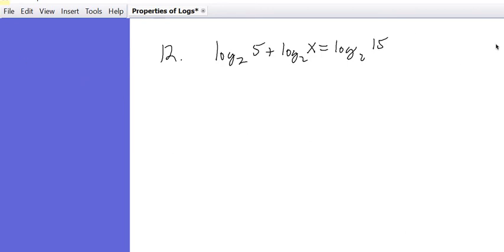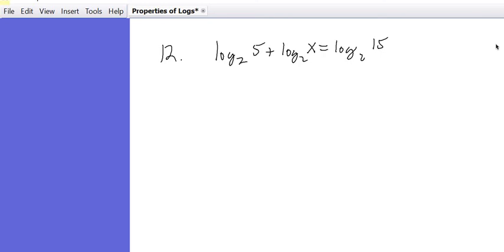Alright, so in number 12 here, we are actually solving an equation using one of the properties that we've learned today. The property that we're going to be using is the product property. Notice that all of the logs have the same base. That's great. But in order to solve this, I want just one log base on each side.